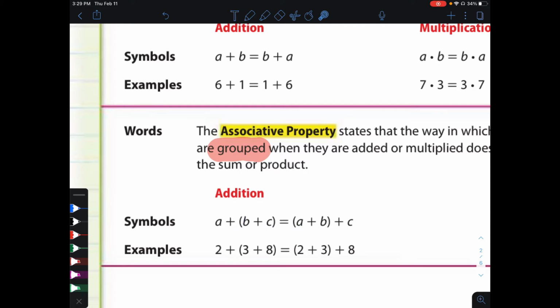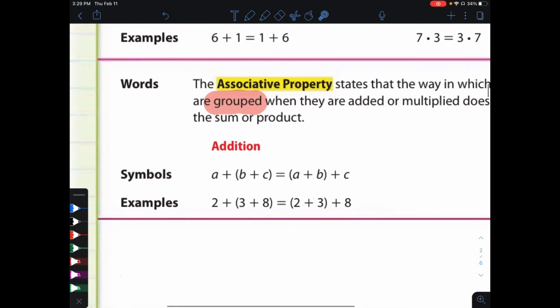What changed was the parentheses. Instead of B plus C being grouped together, it's A and B now being grouped together on the right side of the equation.